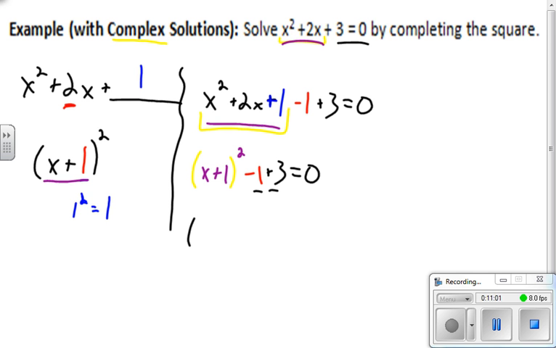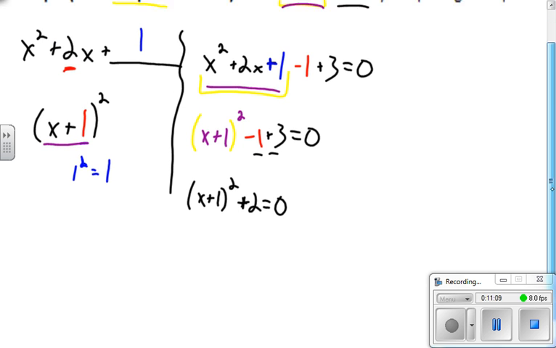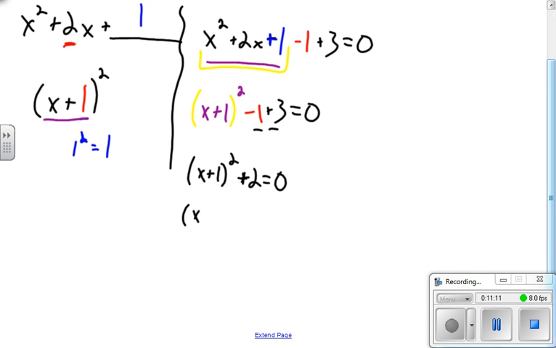Combine our like terms. We have x plus 1 squared plus 2 equals 0. This is all looking pretty normal up until this point. But here, x plus 1 squared, if we subtract 2 from both sides, we get equals negative 2, which still technically looks like our x plus n squared equals m form, except for in this case our m is negative.